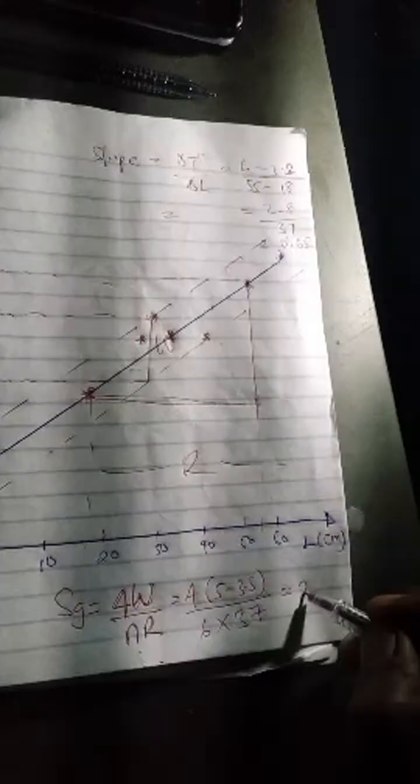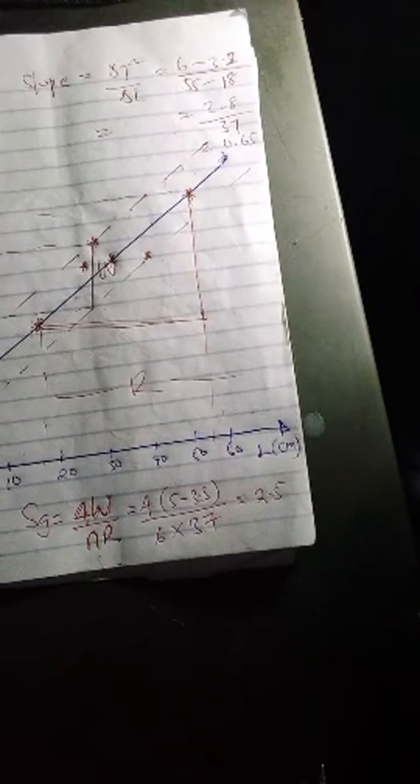So let's assume that the answer we have here is 2.5. I don't have my calculator here. Then how do you put your final answer?